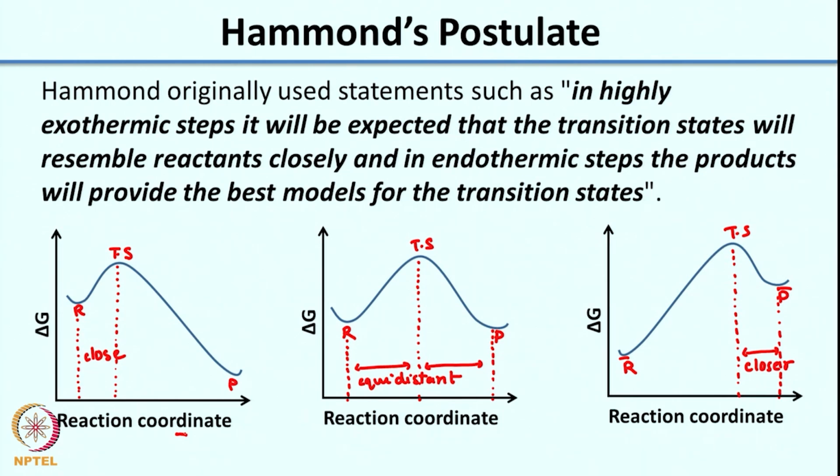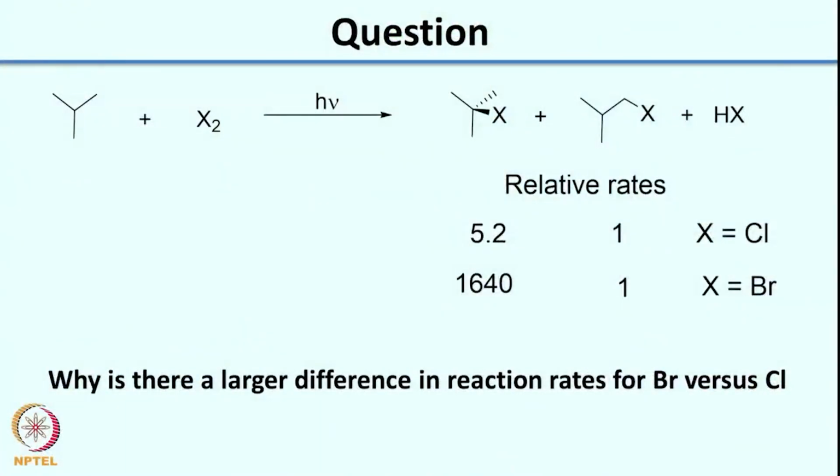So, this is the Hammond's postulate, and what I would like to leave you with is a question where the Hammond's postulate can be seen. This is a free radical halogenation reaction. You have a molecule like this and you are doing the free radical halogenation.